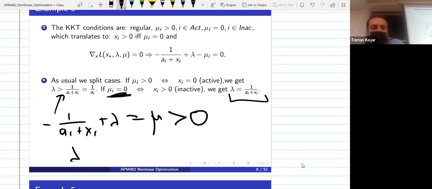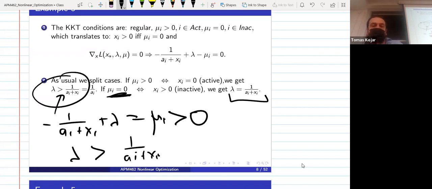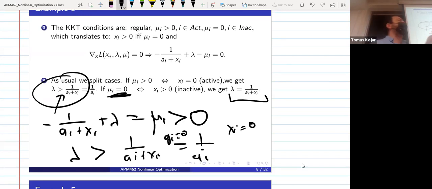So then you have lambda is bigger than AI plus x. Because it's active, GI is 0, which is xi is 0. That's why I needed to write that. You can always add them, but usually it's more work. You can still find the minimizer without adding the non-negativity constraints.